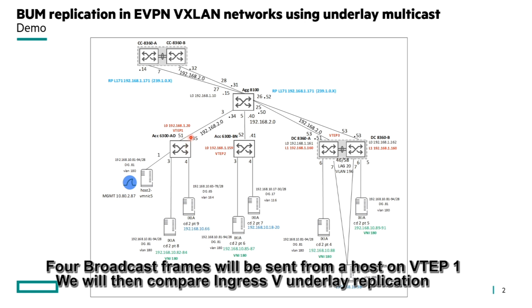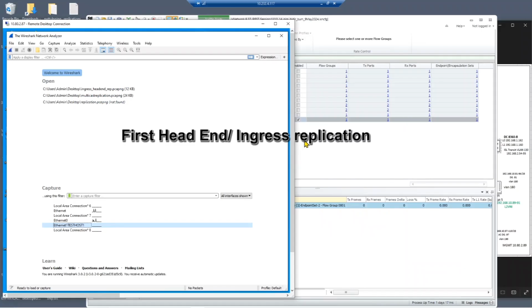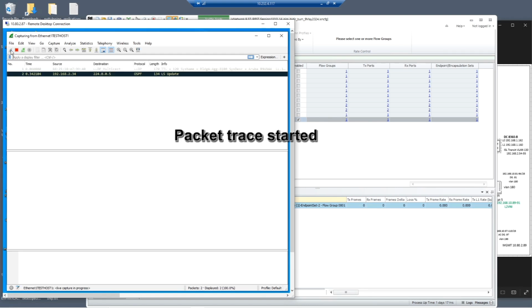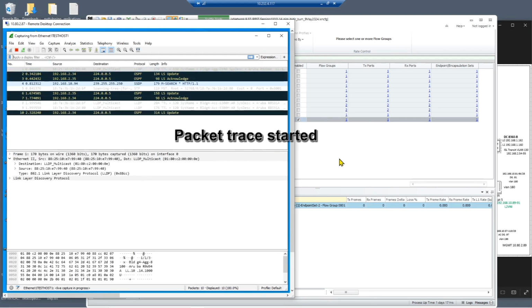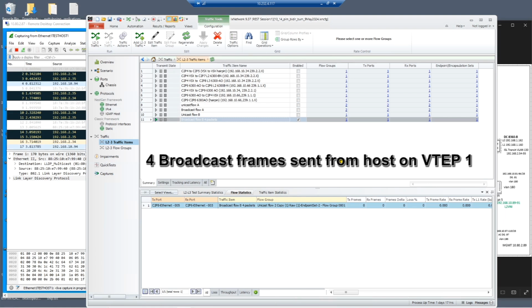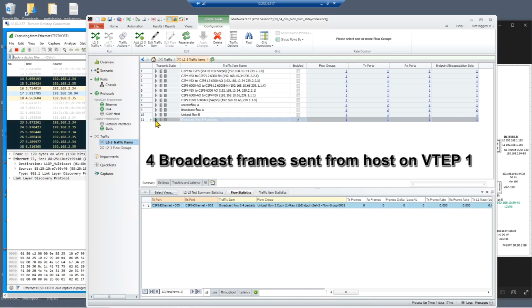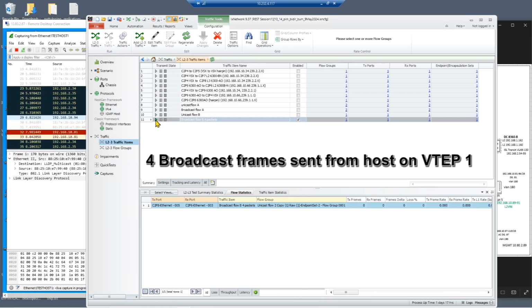We will then compare ingress versus underlay replication in two scenarios. Let's kick off with head-end ingress replication, and now let's start the packet trace on the VTEP. From our host generator on VTEP 1, we're going to send four broadcast frames.